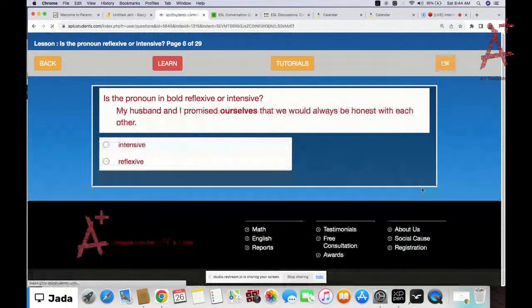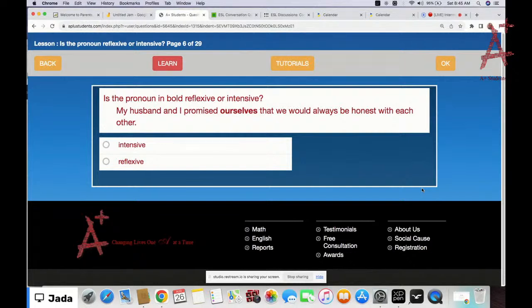My husband and I promised ourselves that we would always be honest with each other. So is there anything that we can change for ourselves that would still make sense? Reflexive. Is there anything you can use and say, my husband and I promise we, or promise us, or promise themselves?